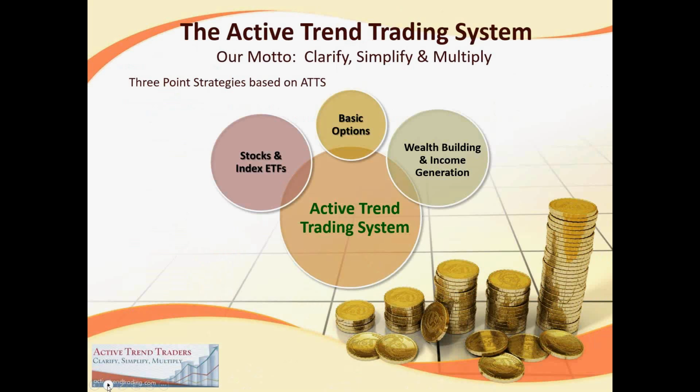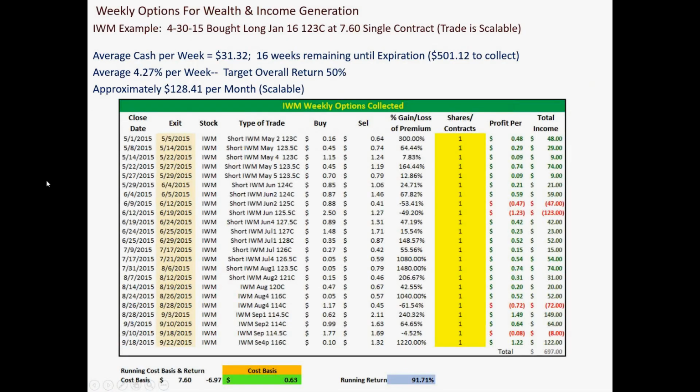But I anticipate that we'll start seeing additional strategy 1 and strategy 2 trades coming out in the very near future. Here's an example of what we're doing with the index, with basically strategy number 3.